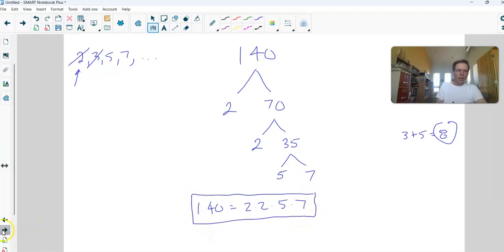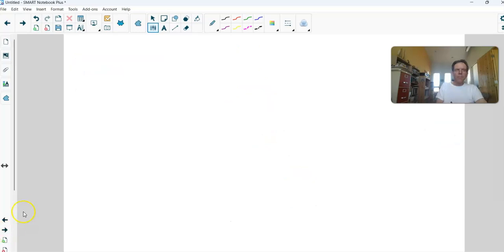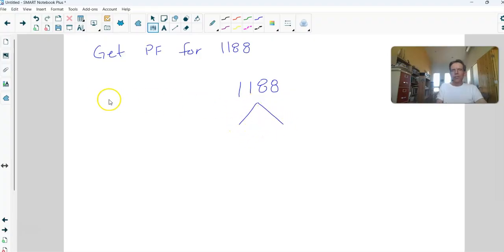Let's do yet a bigger number than 140, just to see how well this works. 1188. And you can use a calculator to do some of this division when you're doing the tree. Okay, so let's jot down some primes here. We may not need them all, but we'll see. All right, so the starting number is even.